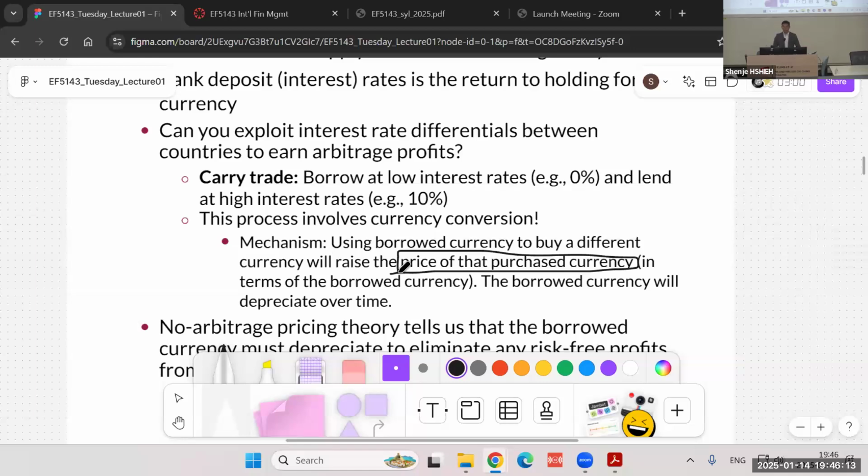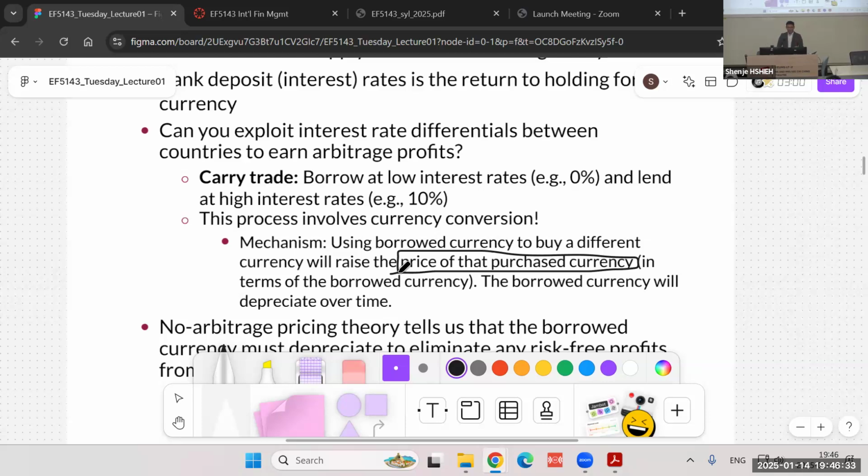Otherwise, there's free money. So the example I gave you is, let's borrow low at 0%, and then deposit the money at 10% somewhere else, and wait for a year to get my money back, my interest, and then I pay back my 0% loan, right?